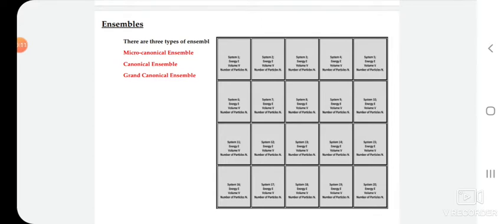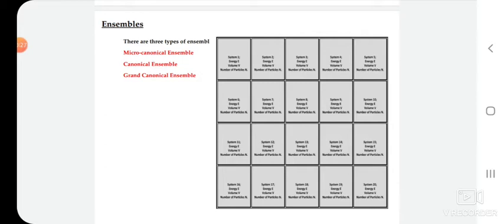So ensemble means what? A collection of a number of macroscopically identical but essentially independent systems is nothing but the ensemble.